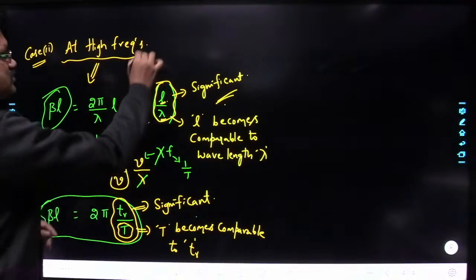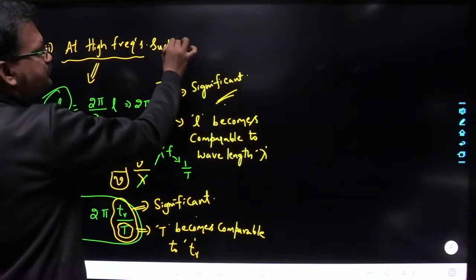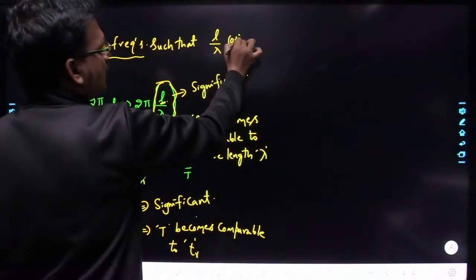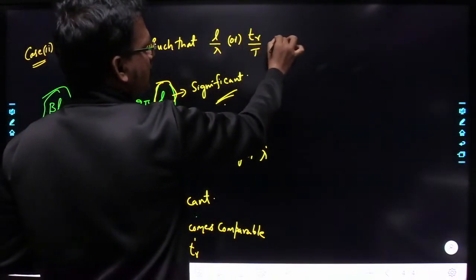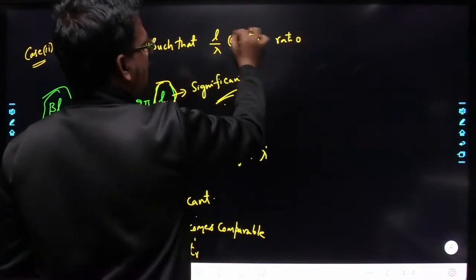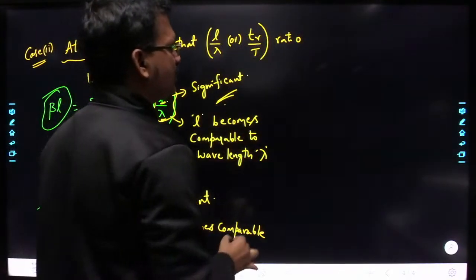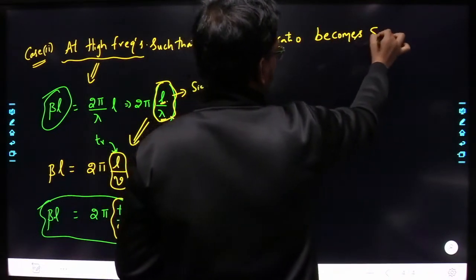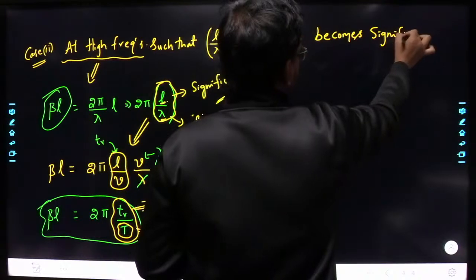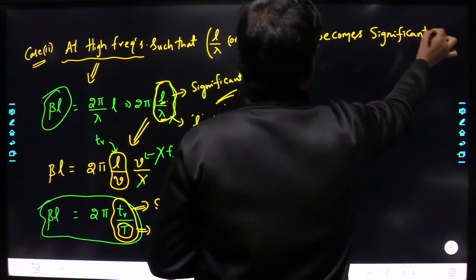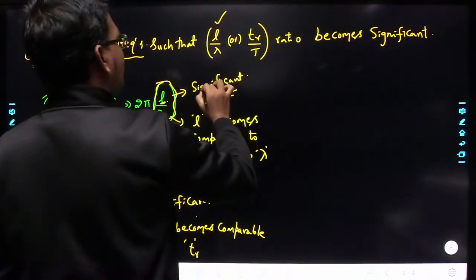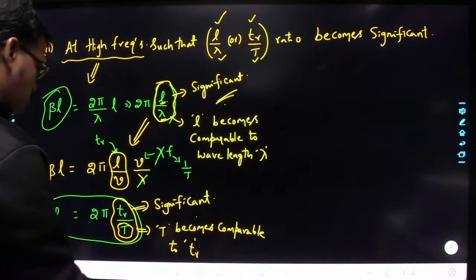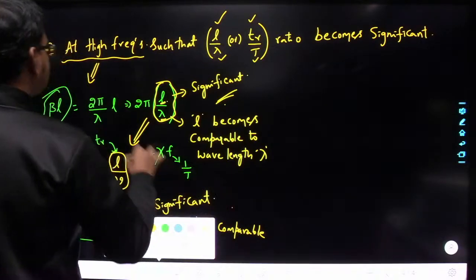So at high frequencies, the L by lambda ratio or TR by T ratio becomes significant. What do we mean by significant here? L will become comparable to lambda, and TR becomes comparable to T. Understood?